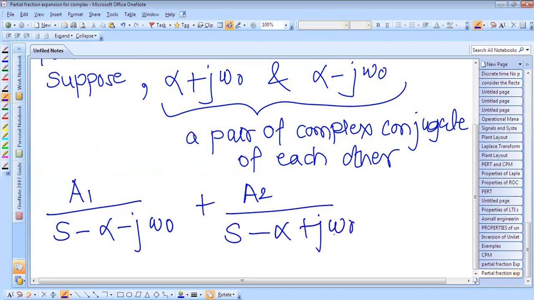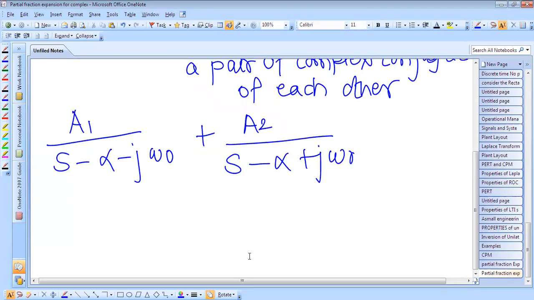So in order for this sum to represent a real valued signal, a1 and a2 must be complex conjugates of each other. Therefore, we can replace these two terms with a single quadratic term.